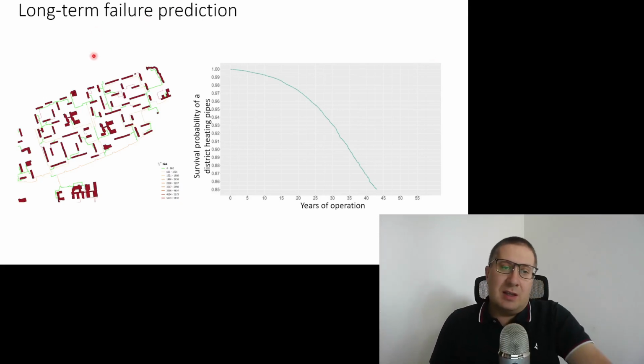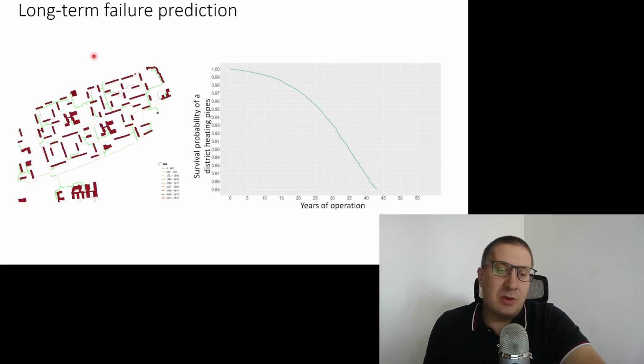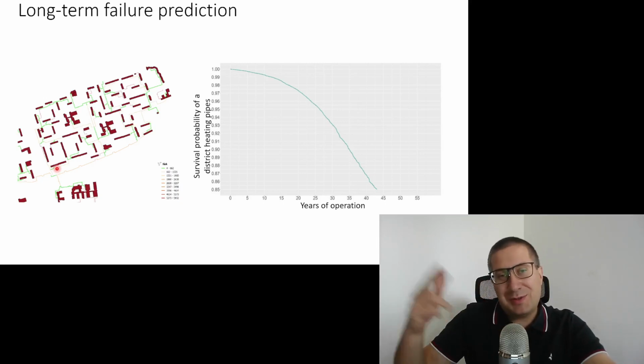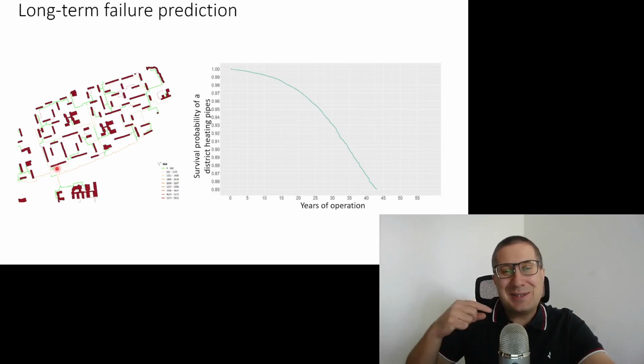In this project, our goal was to estimate the risk of a failure of a pipe in a district heating network. It was in Toruń, one of the Polish cities.